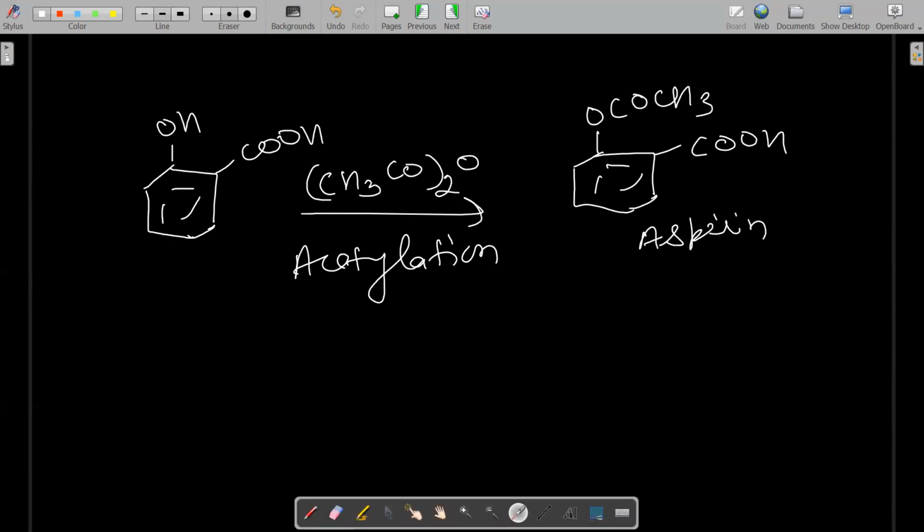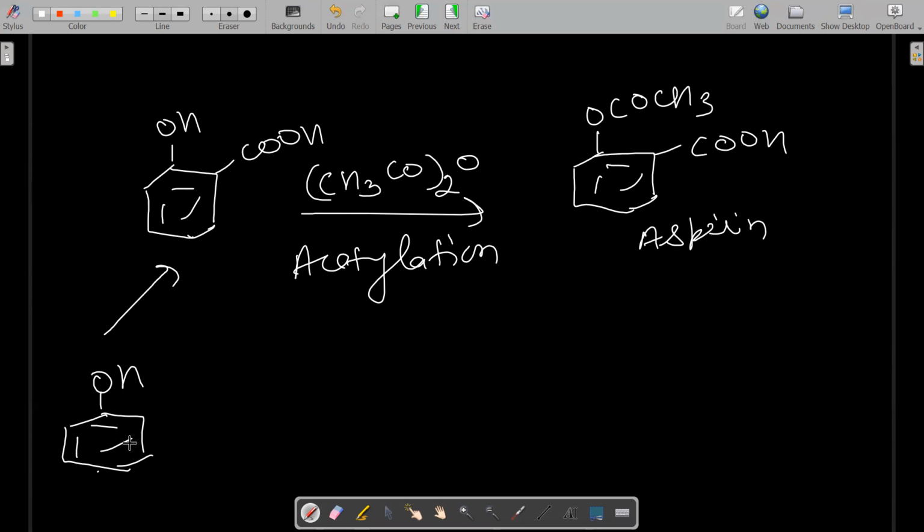Suppose in the exam it is asked to convert phenol to aspirin. How will you do it? You have to immediately strike in your mind how to do the conversion.